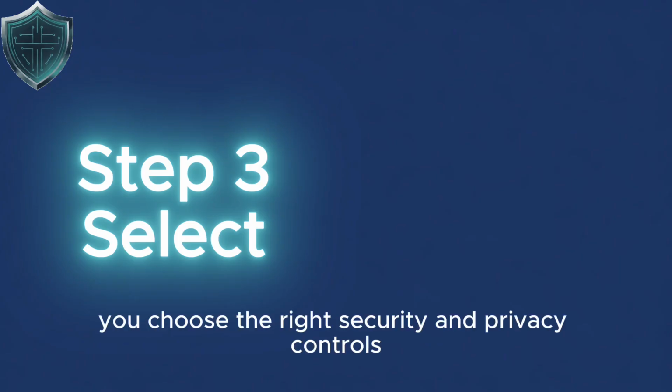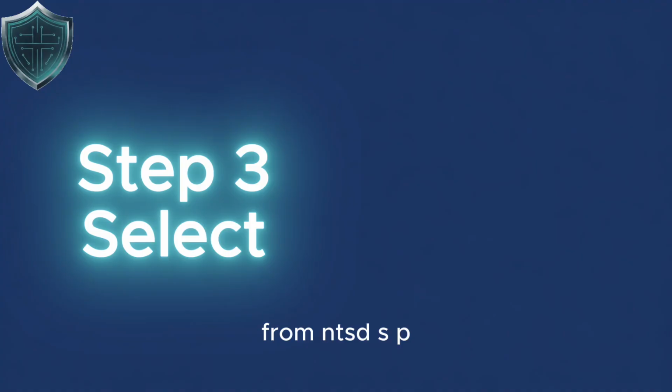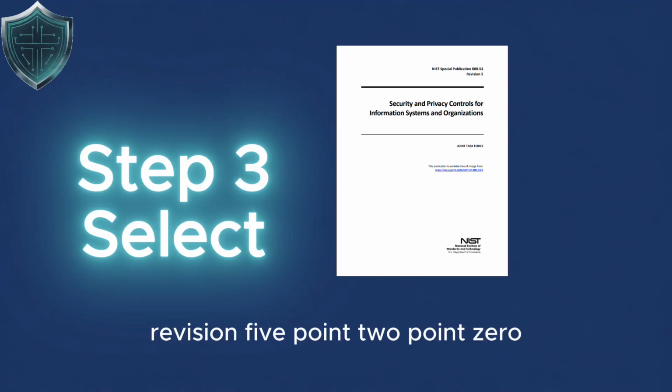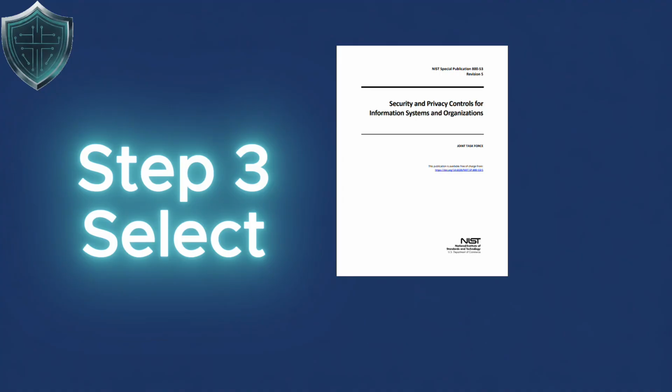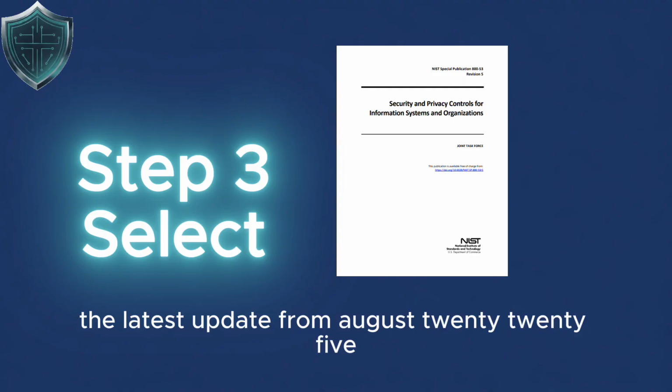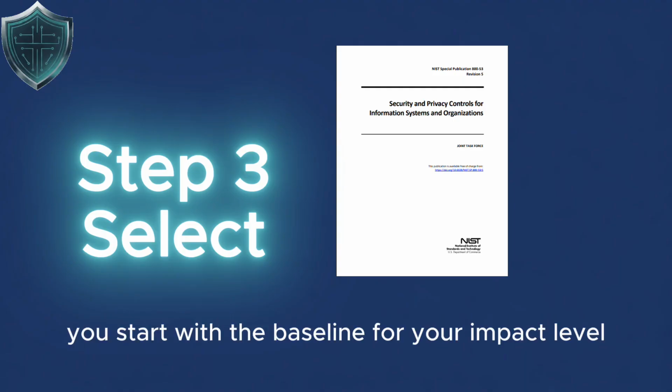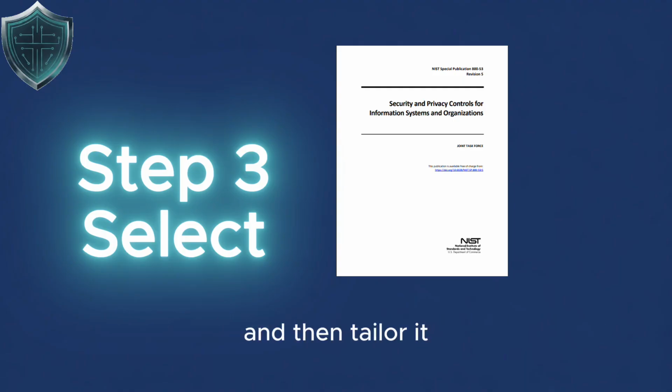Step 3 is select. You choose the right security and privacy controls from NIST SP 800-53 revision 5.2.0, the latest update from August 2025. You start with the baseline for your impact level and then tailor it.